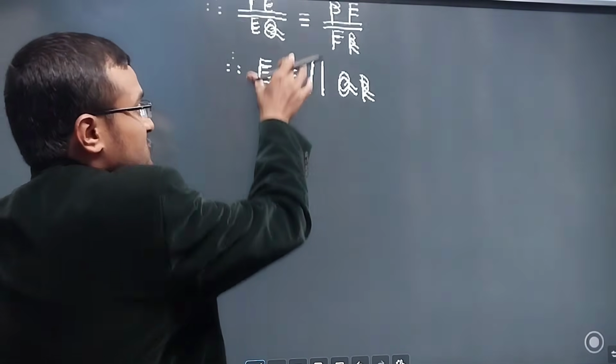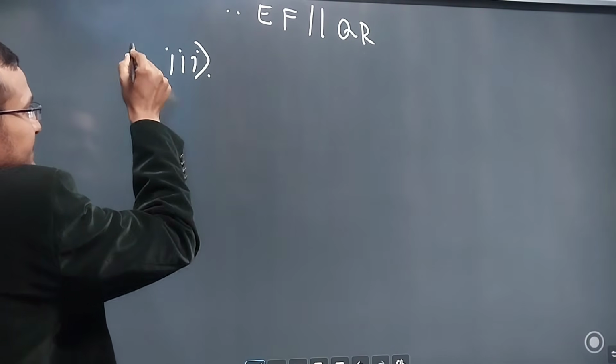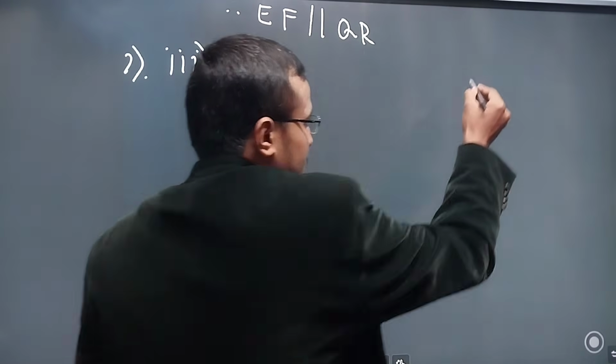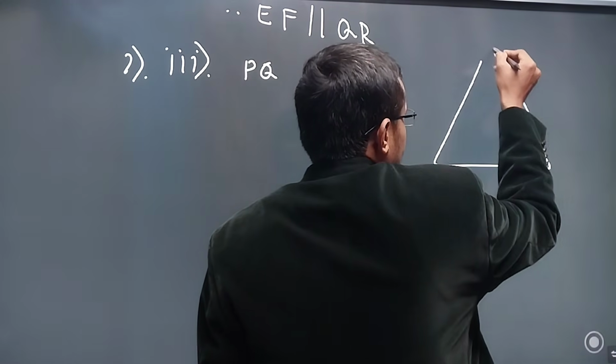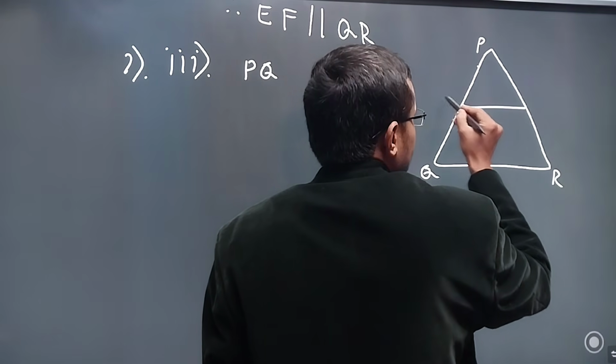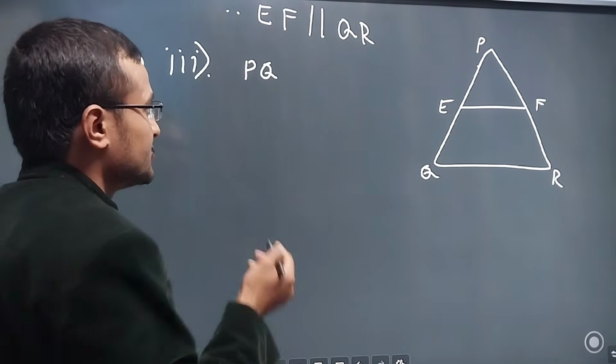So now we will move to the third question in this second question. In the third question they have given PQ. So now I'll just draw the diagram one more time over here. This is P, this is Q, this is R, and this is EF. We have to say whether EF is parallel to QR or not.